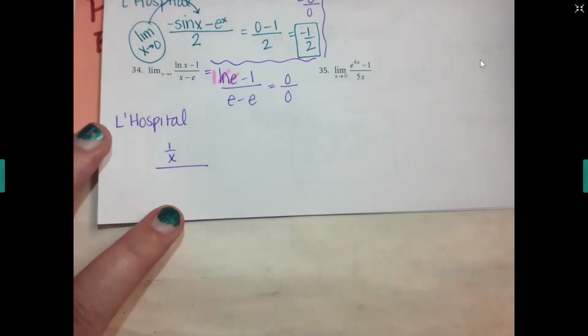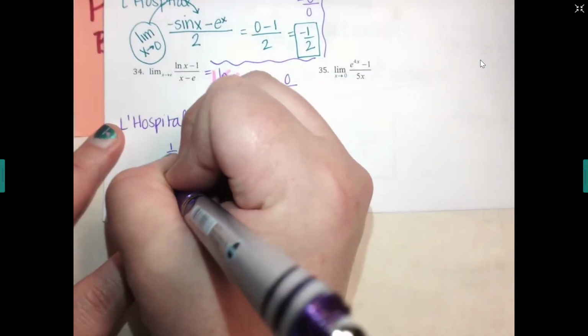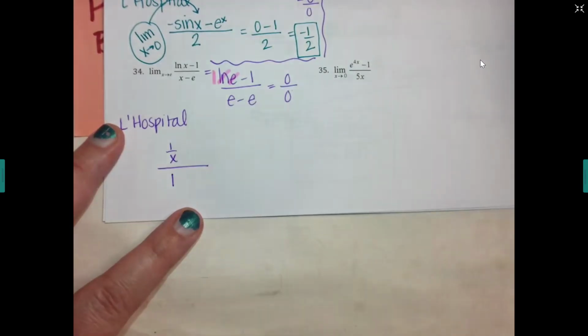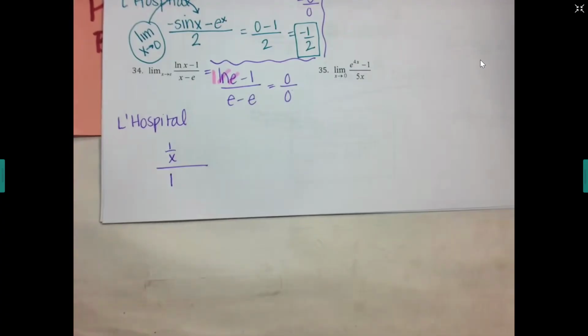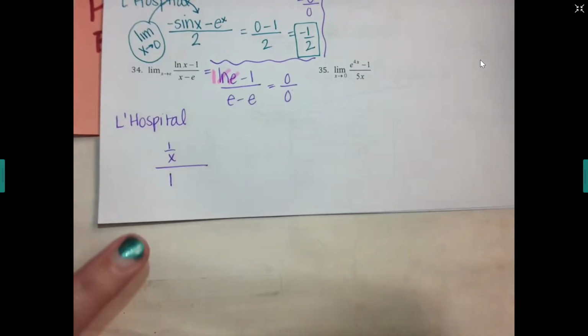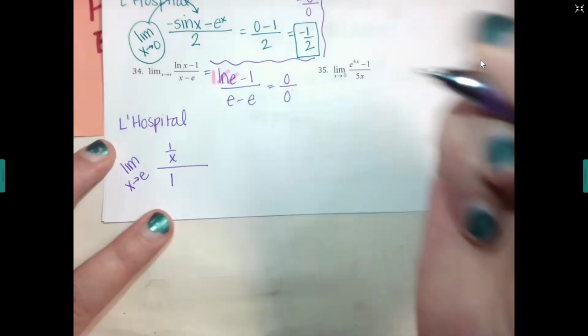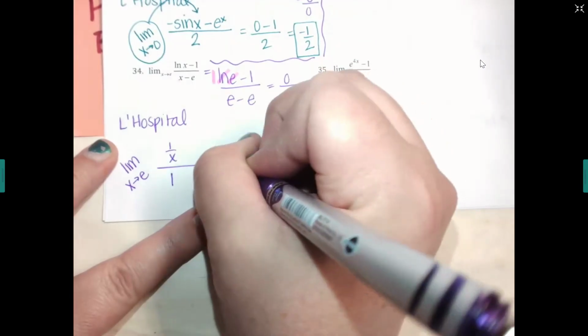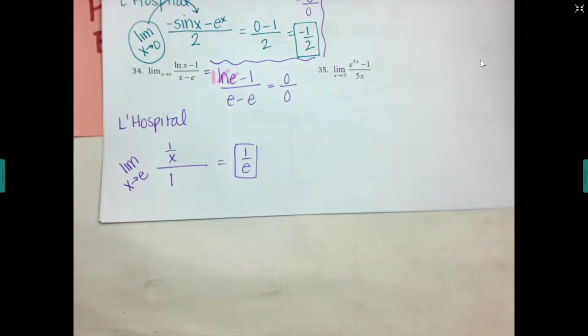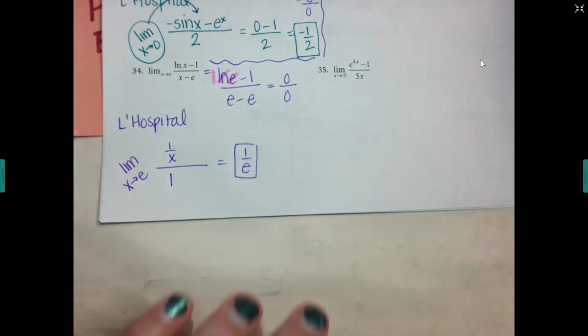What's the derivative of regular x? 1. What about the e? Does it get to stay? No, it's a constant. If it doesn't have an x with it, it's just a regular number. Regular constants go to 0. Then try your limit again. X is approaching e, so I'd have a 1/e. Okay?